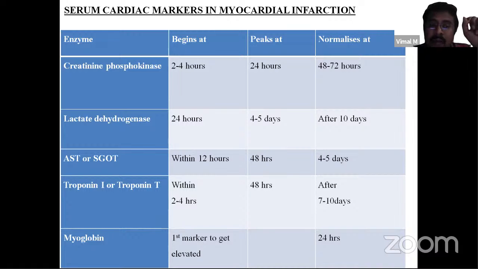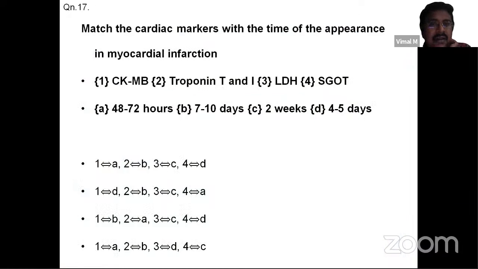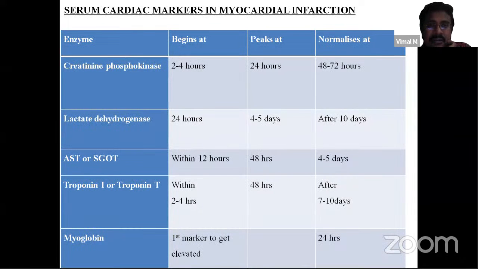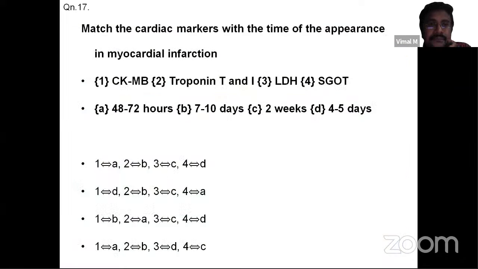Myoglobin is the first marker to get elevated, but we cannot use it because it is highly non-specific, and it also normalizes at 24 hours. Now, with this knowledge, let us try to solve this question.